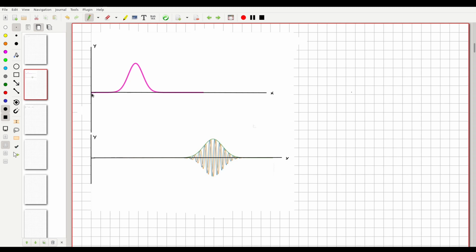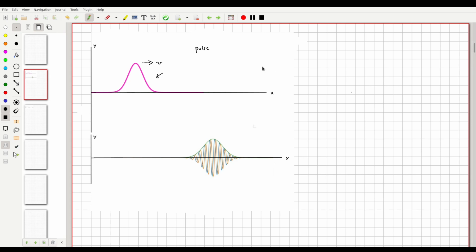So let's pretend that you took a rope or a string and shook it up and down once. Now, you would have a wave travel, in this case, to the right at a speed of v. And this type of wave we call a pulse. So a pulse is basically a single lump of a wave that travels from one point to another point in space.